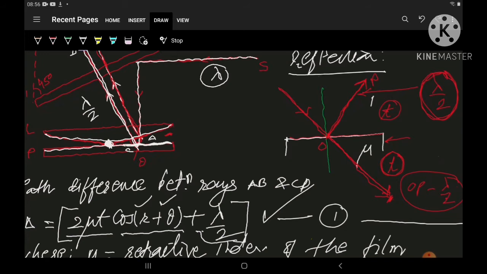Obviously, at the point of contact, the thickness of film t will be equal to 0. So we are going to find the condition of spot at the point of contact. Means the light which is reflected from the point of contact will give which type of spot.